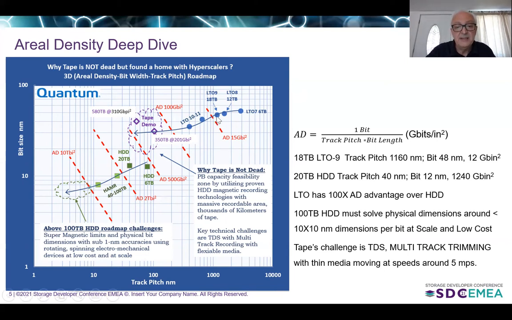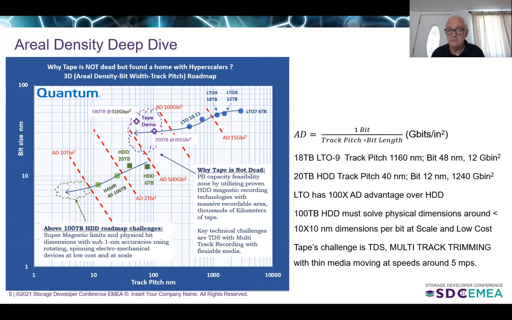Whereas tape can still achieve substantially higher capacities, like the tape demo shown here at 310 gigabit per square inch, which equates to 580 terabyte capacities, still at around 50 nanometer track pitches with close to 50 nanometer bit length. So yes, tape has opportunities, but it also has its challenges, just like disk drives do.